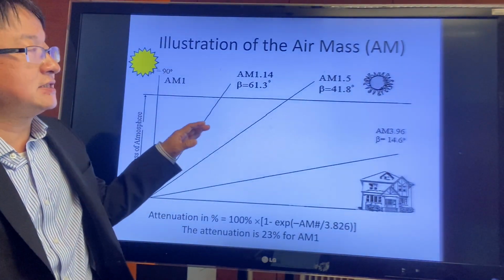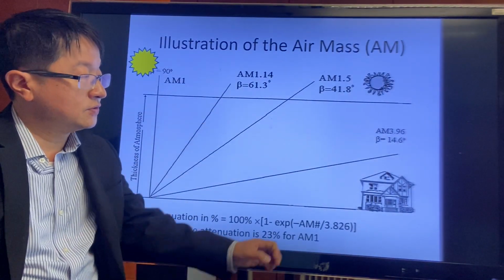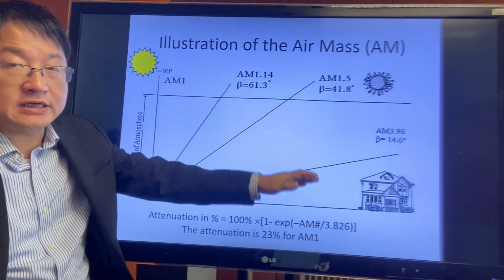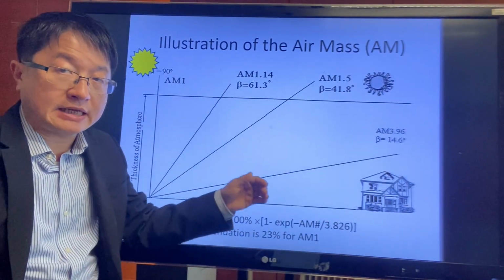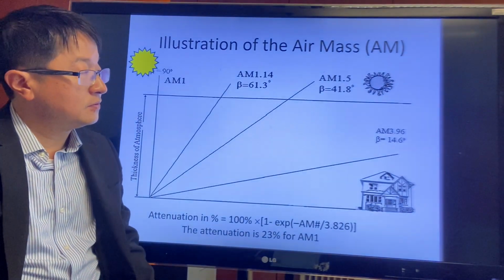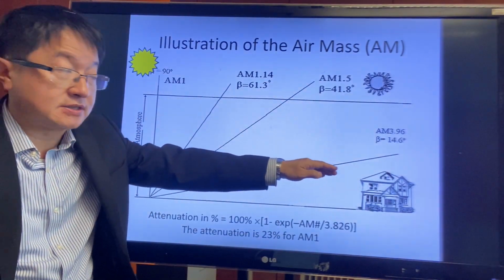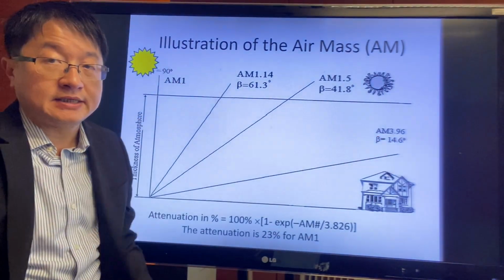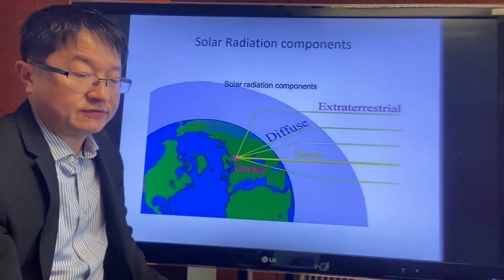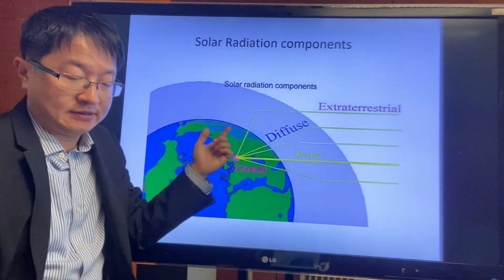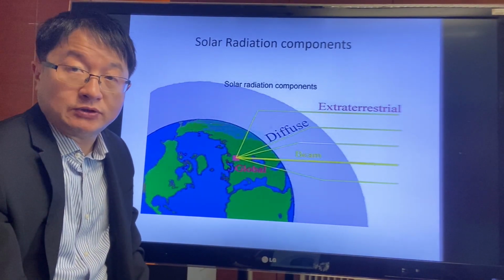In other words, the higher the latitude, when we get closer to the North Pole, the lower the beta angle will be. The sun will be lower and the path passing through the atmosphere will be longer, and therefore the attenuation will be higher.